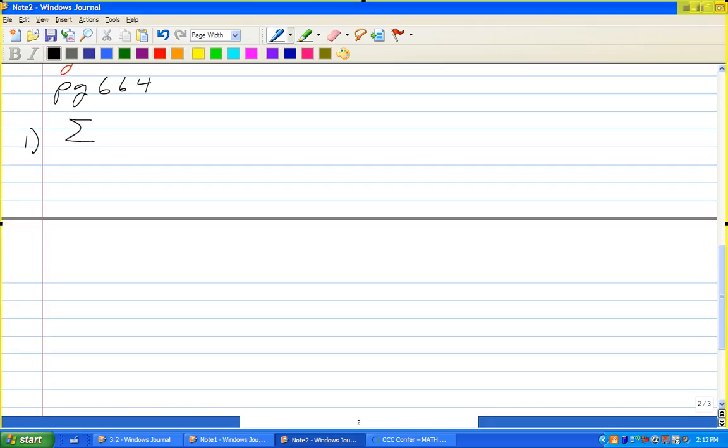Summation n equals 1 to 10 of 2n. In exercises 1 through 12, write the series in expanded form.